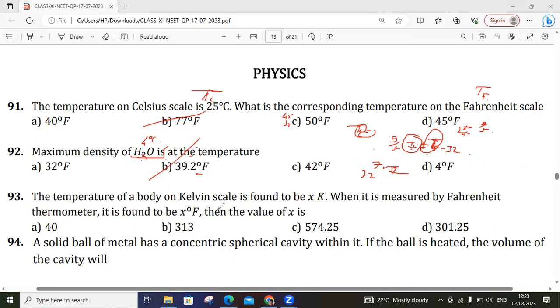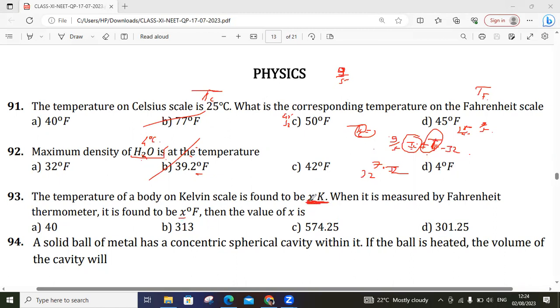Then, the temperature of the body on Kelvin scale is found to be X Kelvin. And it is measured by a Fahrenheit thermometer. It is found to be X degree Fahrenheit. When the value of X is? So both are X. Now again same formula you can use. 9 by 5 TC. But here how much is TC?